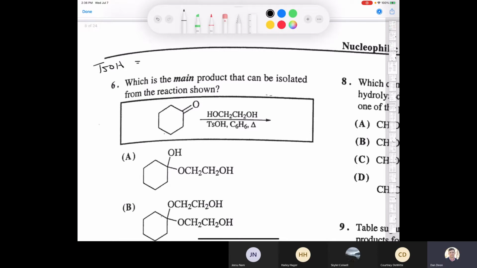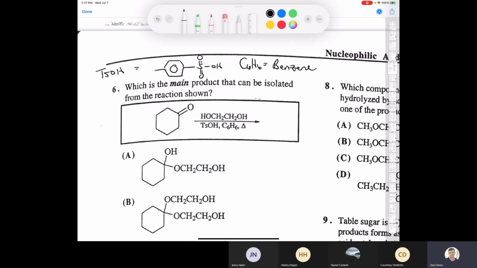TsOH is the same thing as toluene sulfonic acid. So that's this guy, which is a sulfonic acid, which is a very strong acid. Okay, so we've got toluene sulfonic acid, and C6H6, that's just benzene. So C6H6 is benzene, which is just the solvent in this case, and you're heating it up.